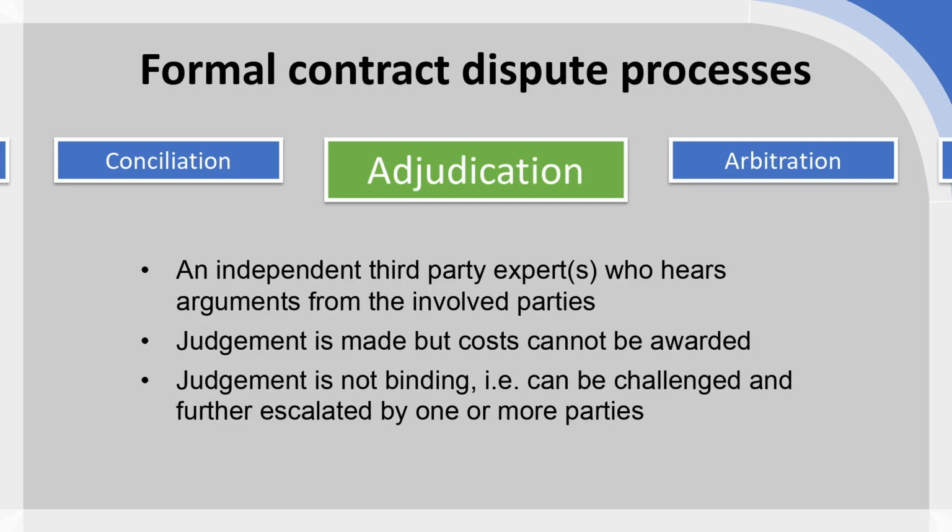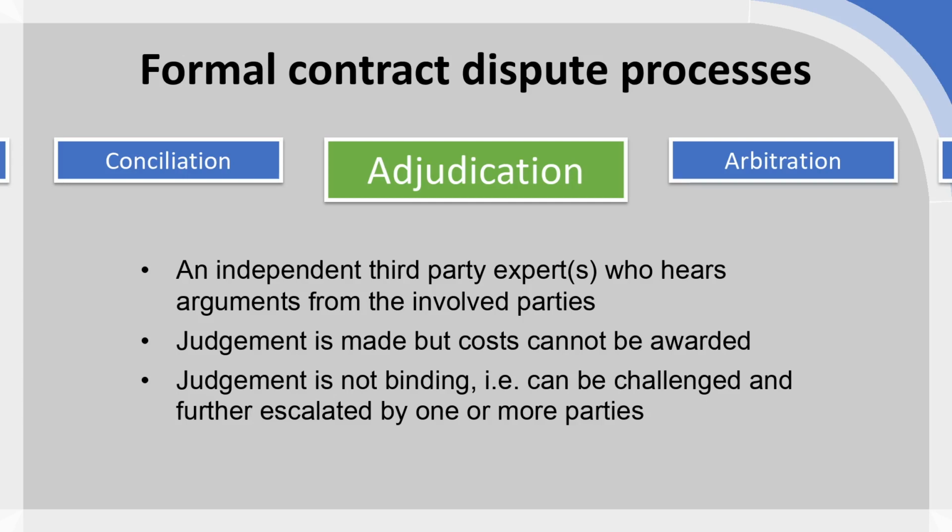So for an adjudicator, an independent third party that must have a degree of expertise, so cannot be someone that has no idea or no clue what the material facts of the dispute are, or has no understanding of the surrounding situation around the dispute.